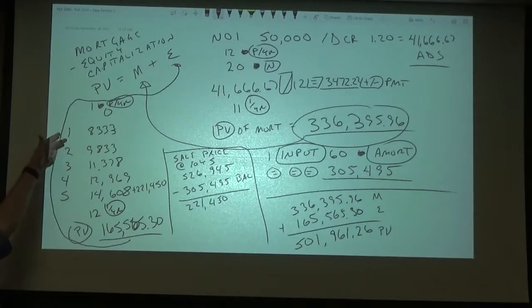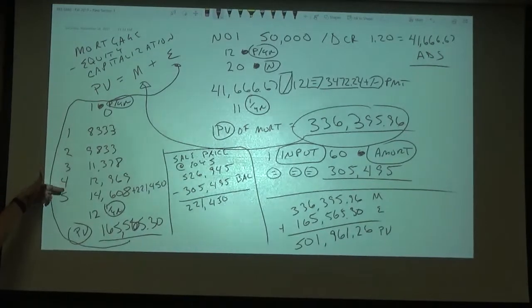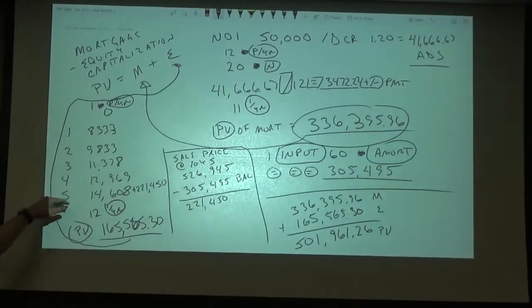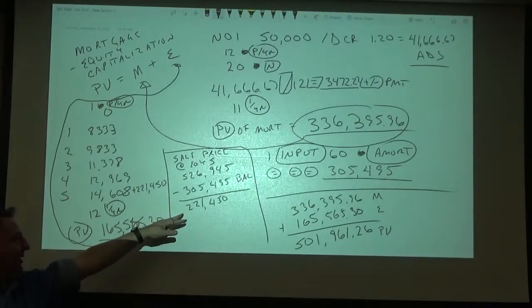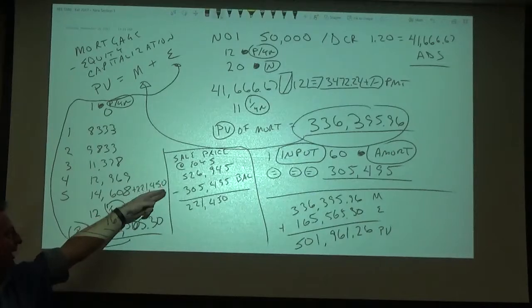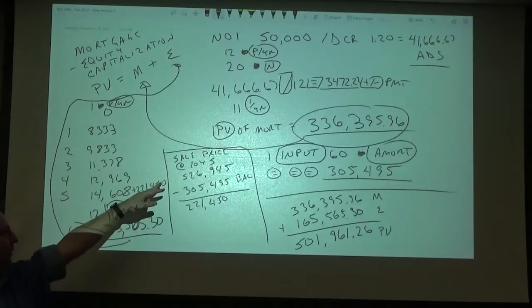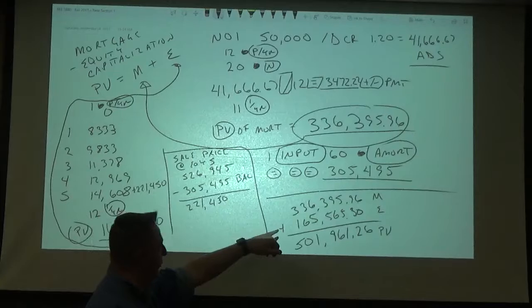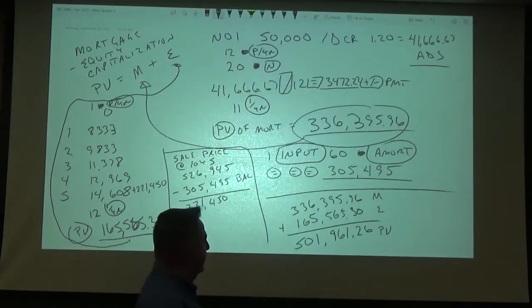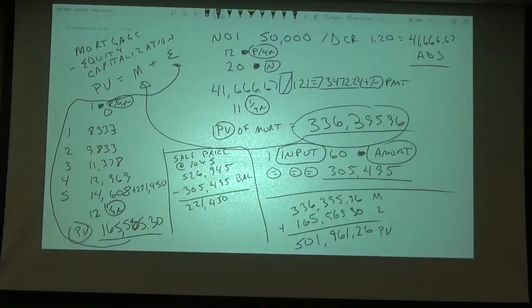This is the cash flow the investor will be receiving from their equity contributions. And then adding that to the net after you subtracted out the balance of the loan from the resale price of the property, and then adding it to the mortgage value.